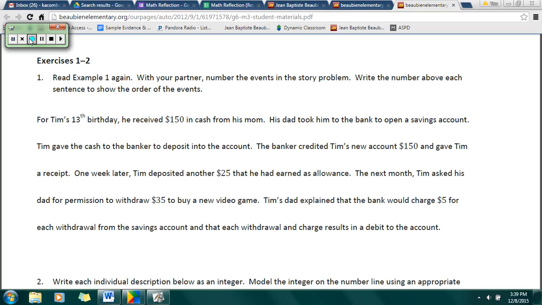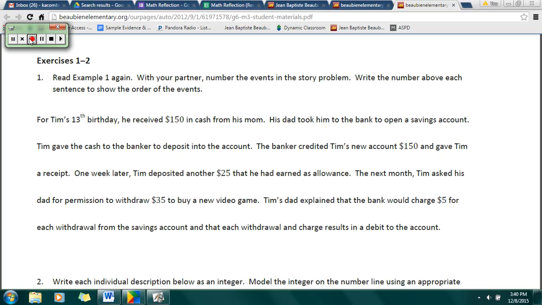For Tim's 13th birthday, he received $150 in cash from his mom. His dad took him to the bank to open a savings account. Tim gave the cash to the banker to deposit into the account. The banker credited Tim's new account $150 and gave Tim a receipt.